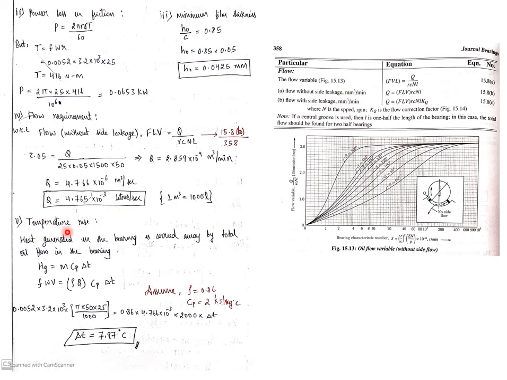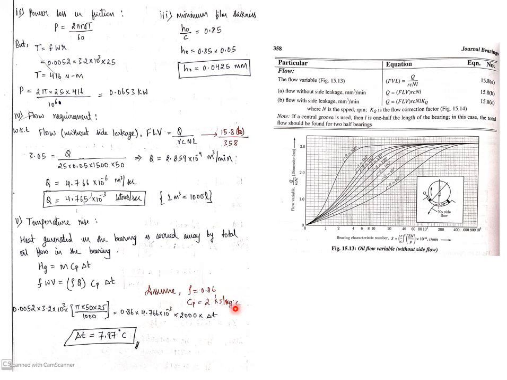The next step is to find the temperature rise, because the bearing is rotating at a certain RPM for a long duration. So heat generated in the bearing is carried away by the total oil flow in the bearing. We know the heat dissipated in the bearing is M Cp delta T. M is the mass flow rate; you can take mass flow rate as rho into Q. Cp you can assume as 2 kilojoules per kg Kelvin, and rho is 0.86.